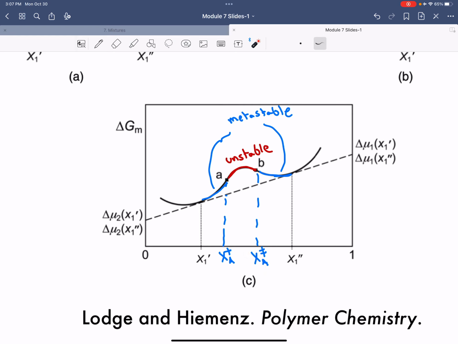The curve I'm showing here is just for some arbitrary temperature below the critical point temperature. But in general, as you get closer and closer to that critical point temperature, your A and B points are going to get closer and closer to one another until eventually they're equal to the same value.